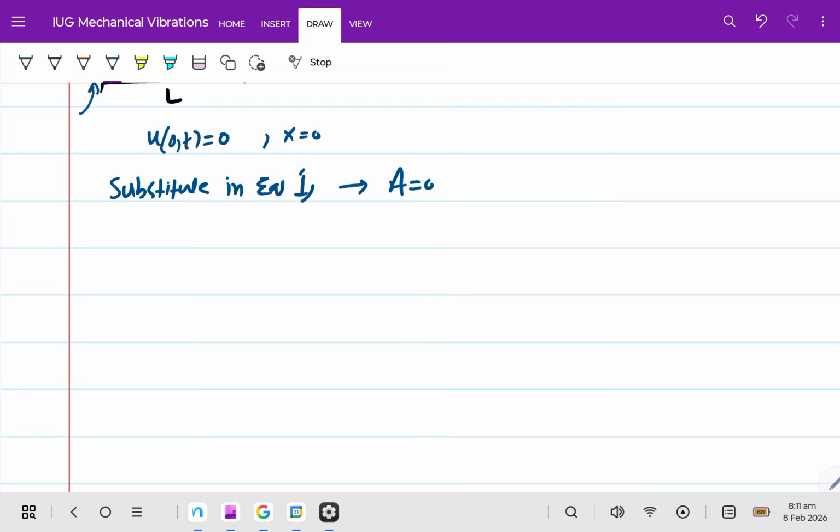Now the next part is at the other end. The tensile force in the bar must be equal to the inertial force of the vibrating mass, so equilibrium is to be achieved, obviously.